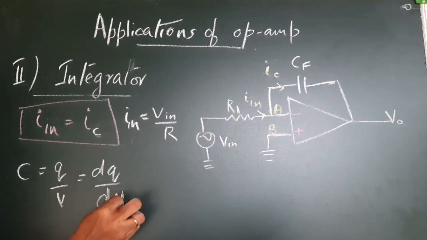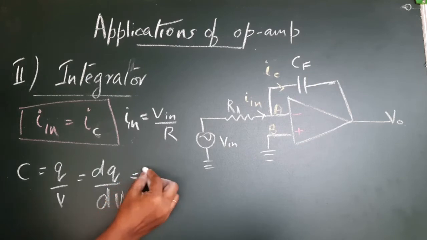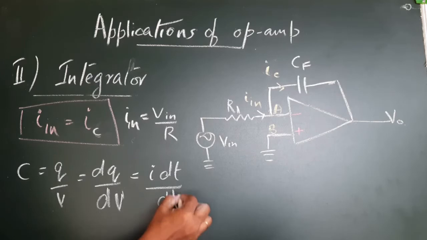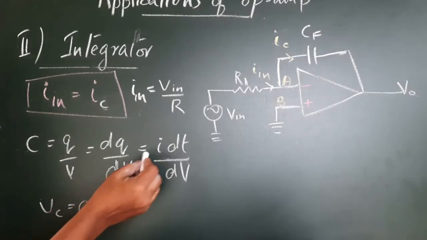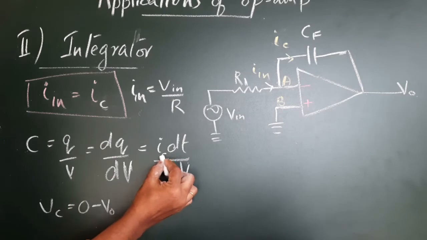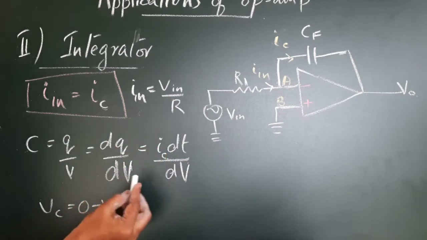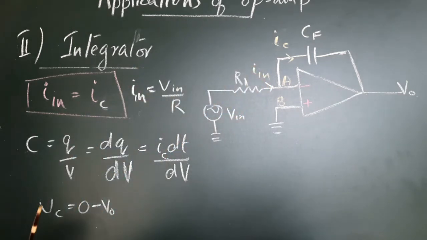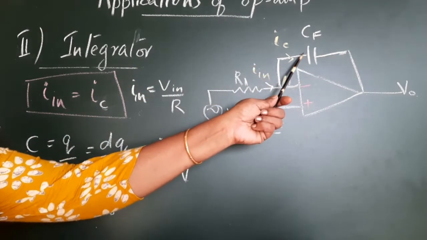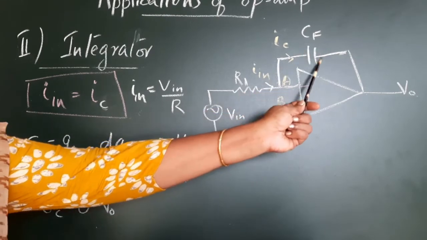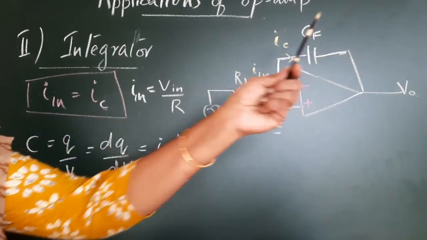And we also know that dQ is nothing but i dt. In this case, i, the current through the capacitor, can be given the subscript IC, and V is the voltage across this capacitor. At this end the voltage is 0 because of virtual ground, and at this end it is V out.